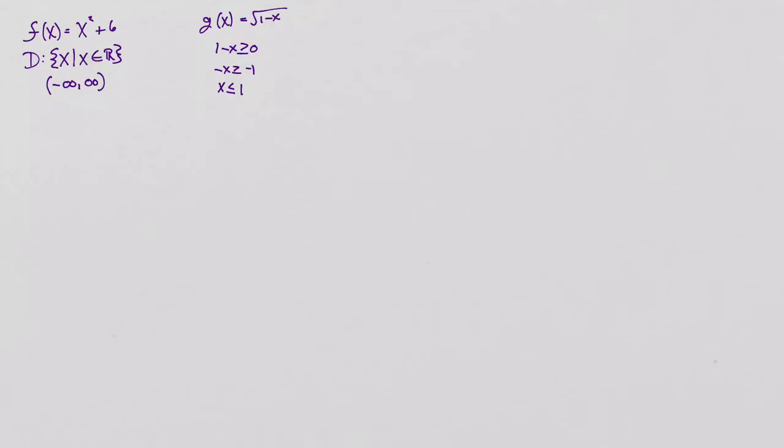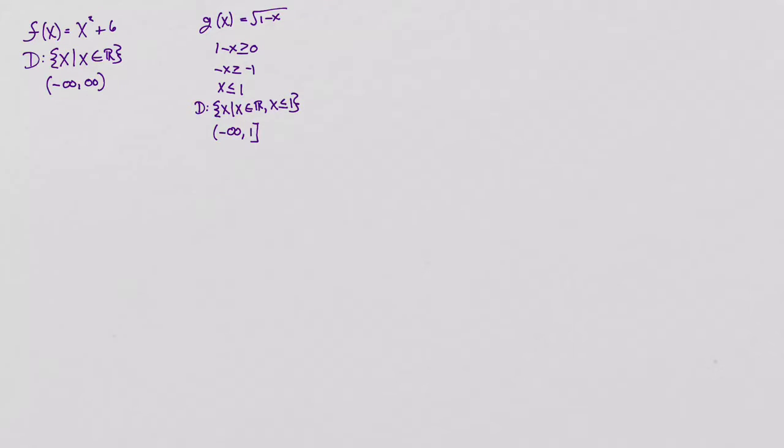So my domain for this function in set builder is going to be the set of all x's such that x is an element of the real numbers and x has to be less than or equal to 1. If we want to do this in interval notation, this really means it's going to be from negative infinity up to 1, and we're going to use the square bracket because of the equal to sign. It's less than or equal to, so you're going to use that square bracket.